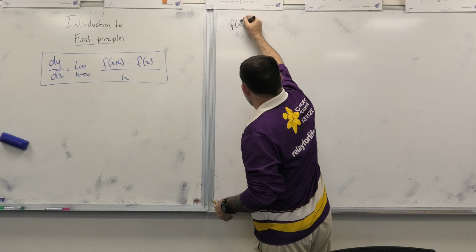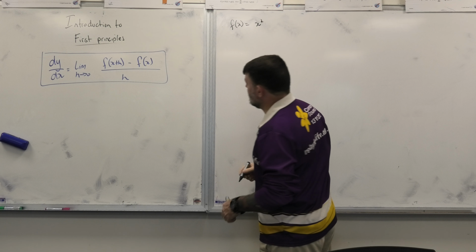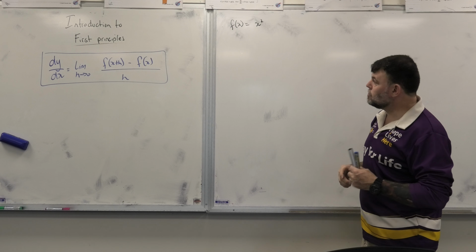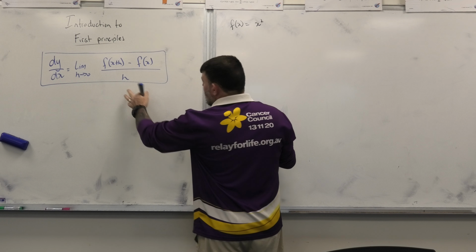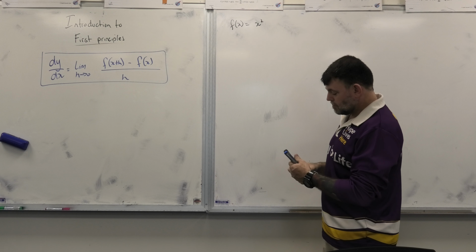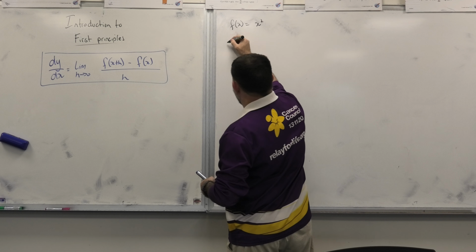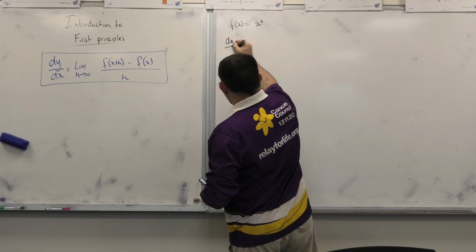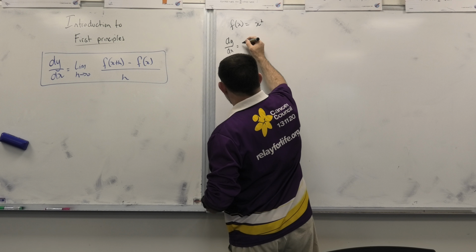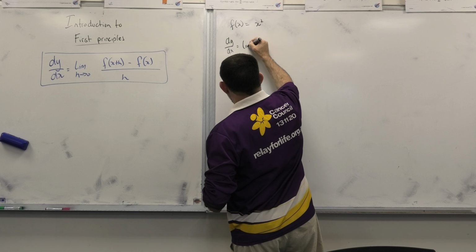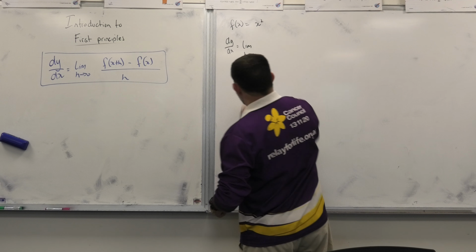We've got f of x is equal to x squared. So let's now use first principles to be able to calculate this. The first thing we're going to write here is that dy/dx is equal to the limit as h approaches 0.